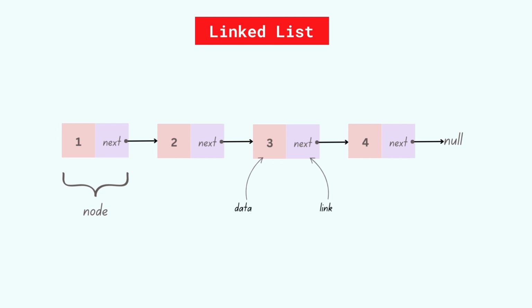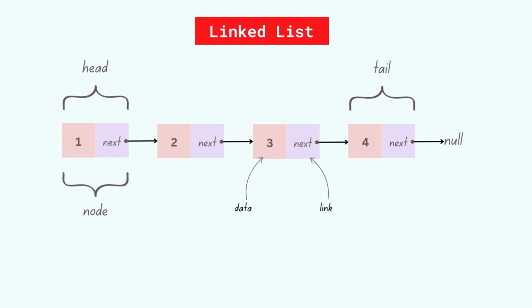The first node in a linked list is the head, while the last node is the tail. The tail of a linked list points to null, and this is to show that the end of the linked list has been reached. I hope you now have an understanding of what a linked list is.